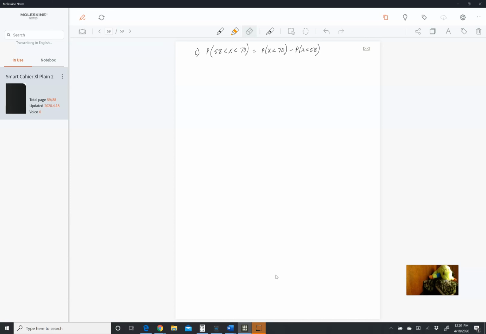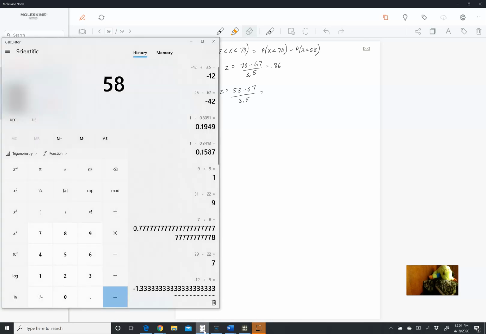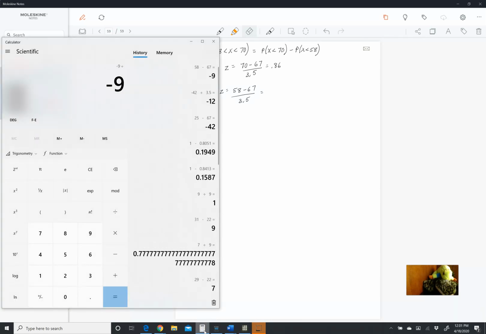So we need the z-scores. We already know the z-score for 70, and we'll write it down again. Now let's find the z-score for 58: 58 minus 67.